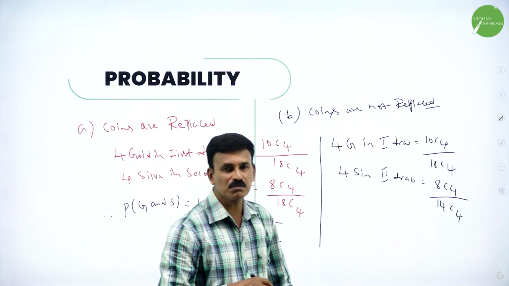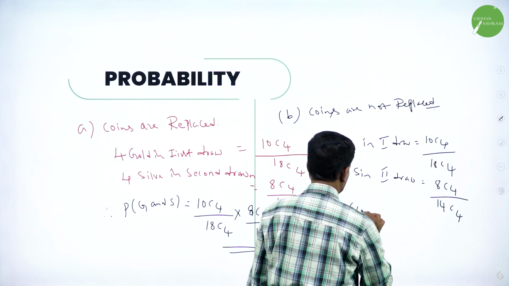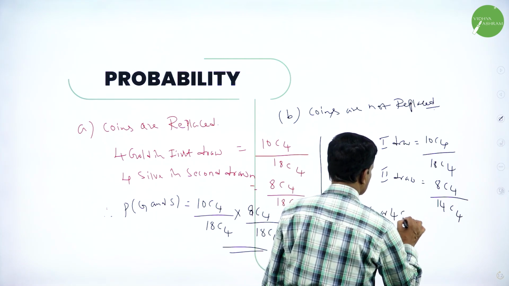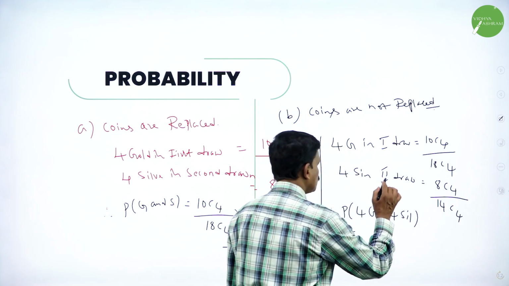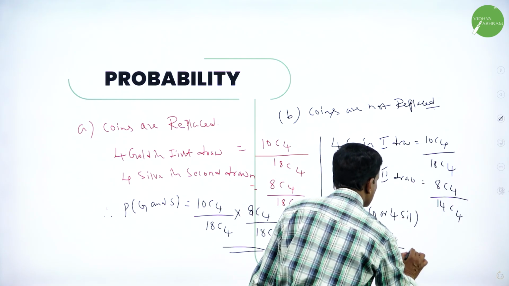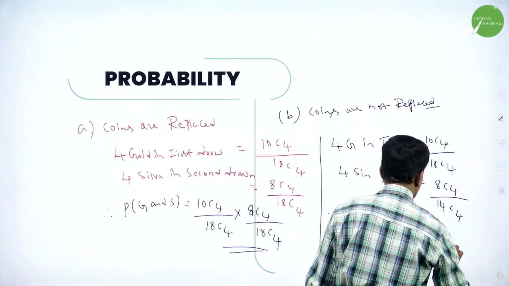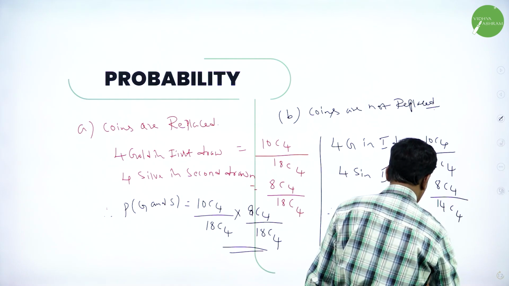That's it, right? Just multiply it. So the probability of 4 gold and 4 silver without replacement is 10C4 divided by 18C4 into 8C4 divided by 14C4. That's it.